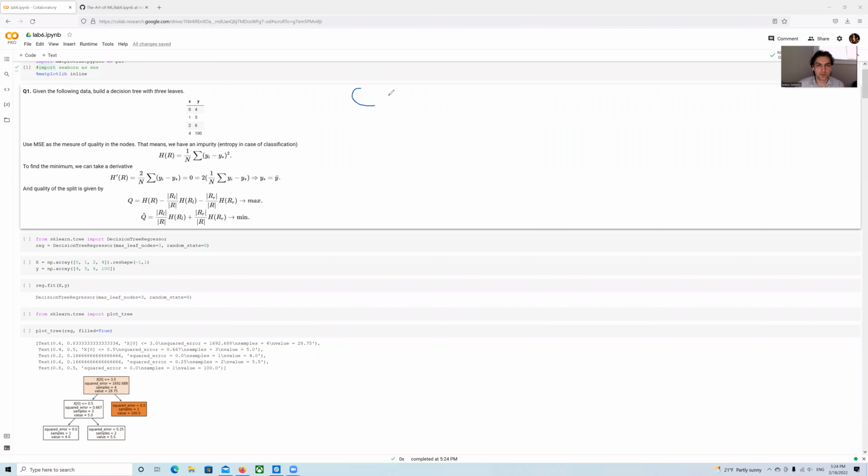The first split we can do for x greater than 0, greater than 1, greater than 2.